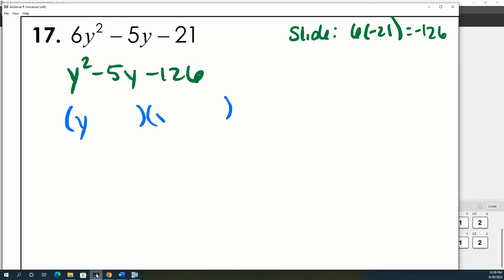And then I'm going to multiply to get a negative, so I know I have a positive and a negative. Now, if you look at your factor pairs, they don't go to 126. So this is where you're going to just kind of have to figure it out with your calculator.